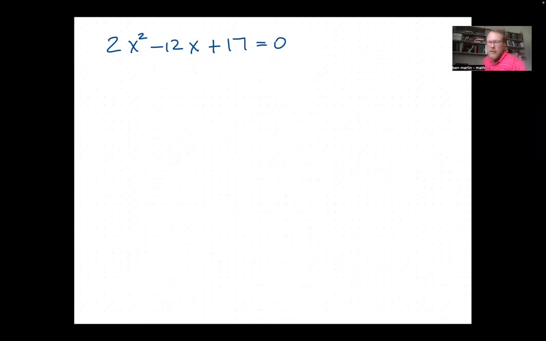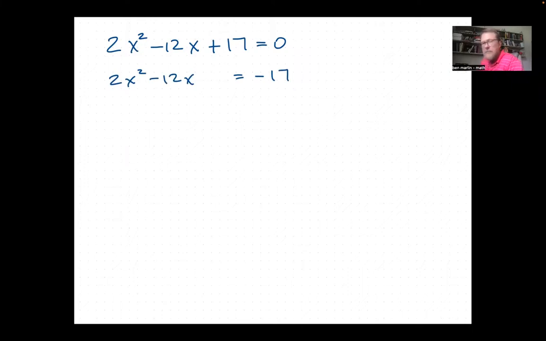So I just made up a quadratic equation here real quick that's not terrible, but it's not great either. So with regard to this, we're going to solve it like we did the completing the square problem that we looked at in class. We're going to first get all of our x stuff on one side.